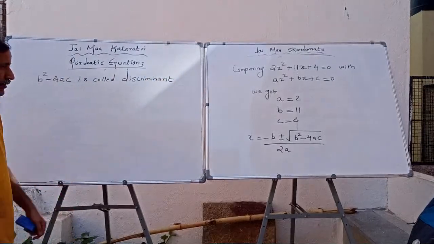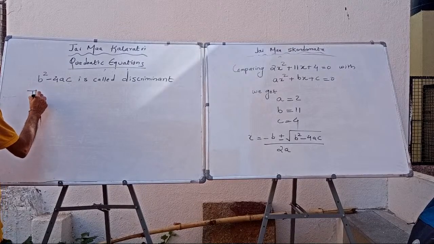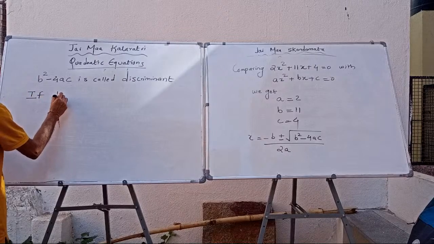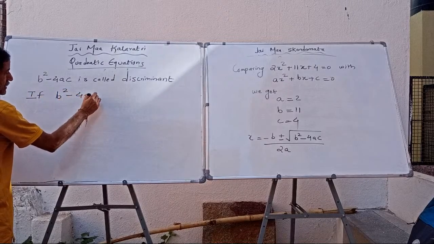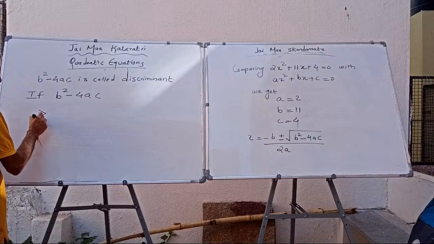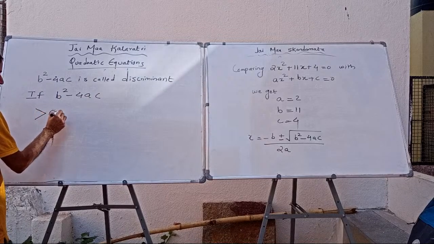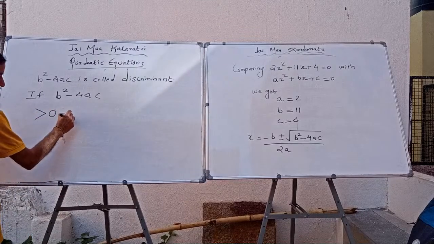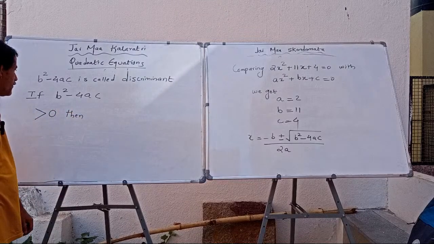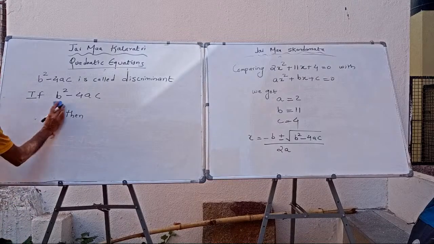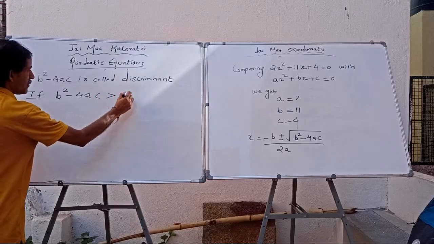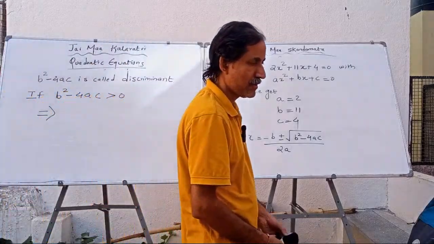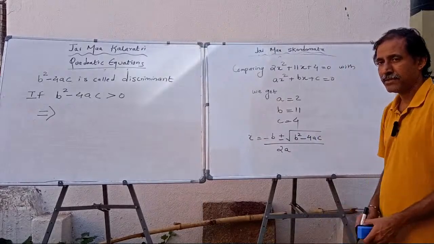Now the value of x: if b squared minus 4ac is greater than 0, what will happen?